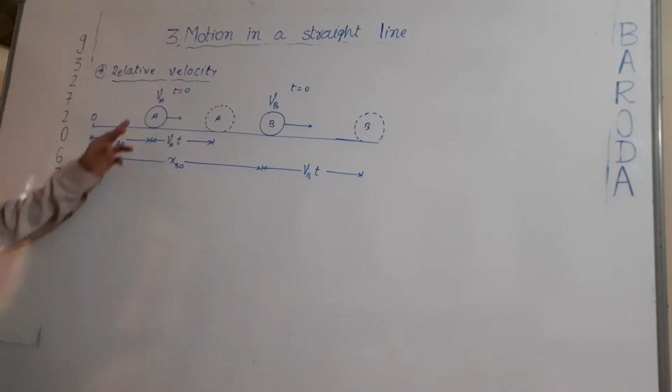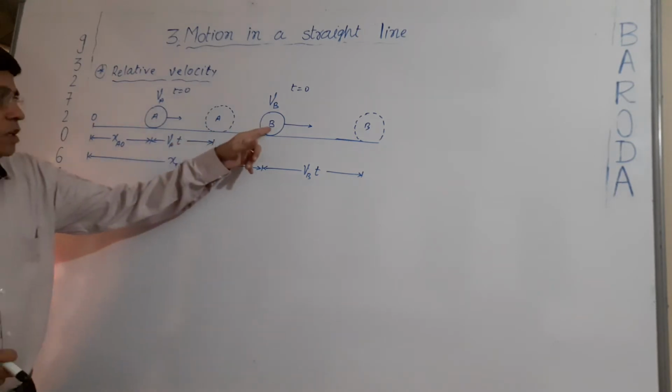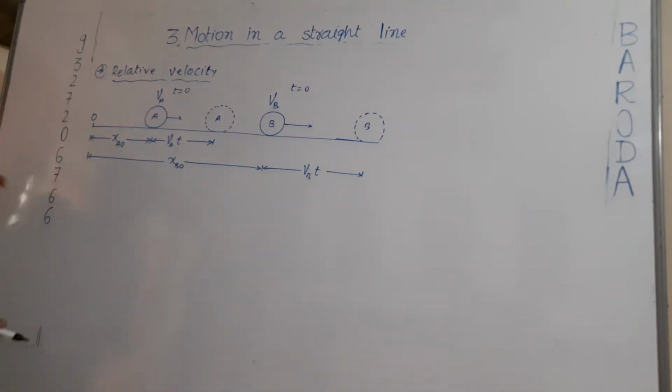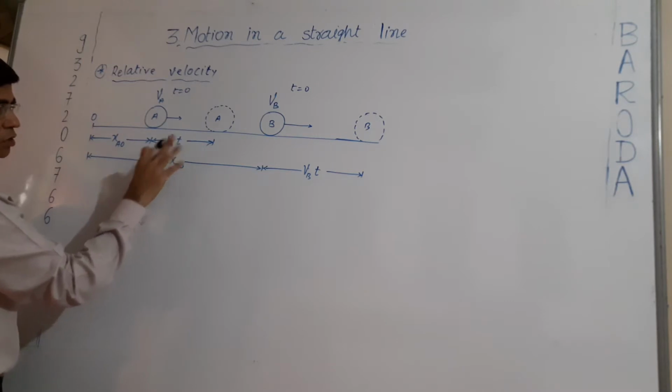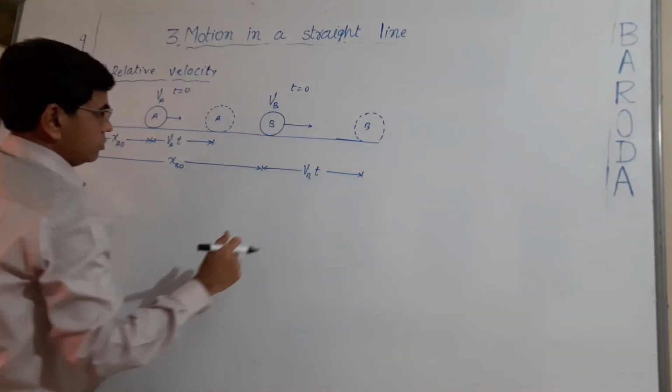At t equal to 0, car A is at XAO and car B is at XBO with reference point O. After t time, car A will travel distance Va into t and car B will travel distance Vb into t.